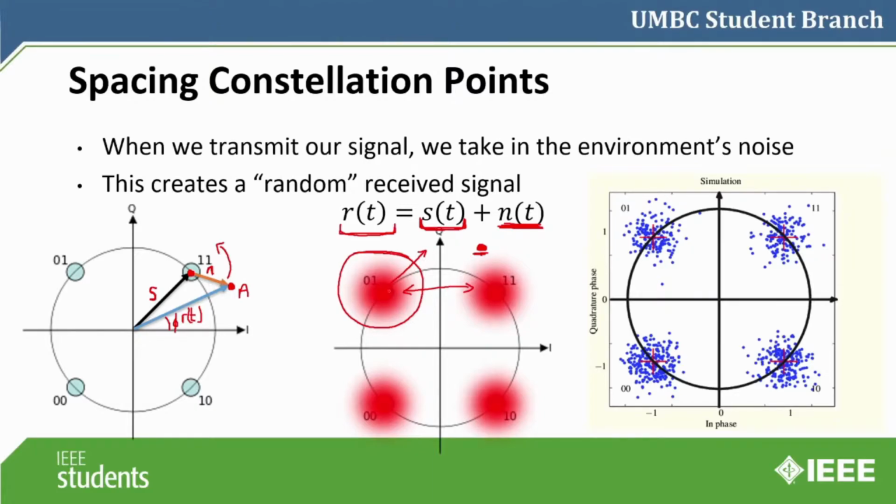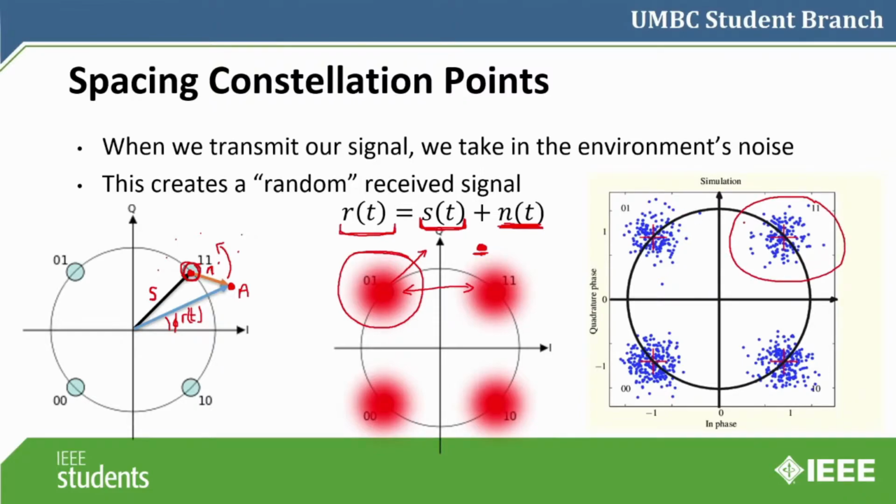The idea is that we add noise to our signal. If we send a 0, 1, we add noise. If we send a 1, 1, we add noise to it, and that puts us at any point in the circle. And you can see that with the sampled simulation on the right. What we have are a bunch of points that we've sent, and they're distributed around each one.